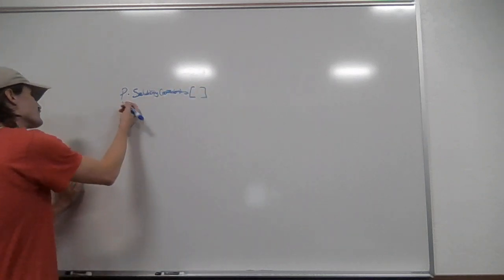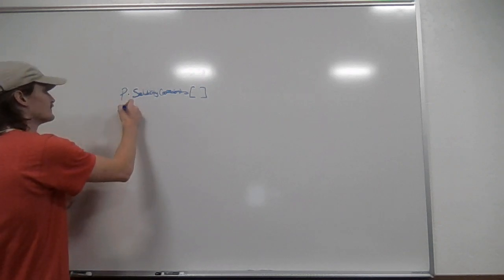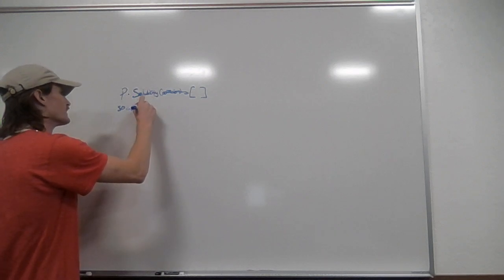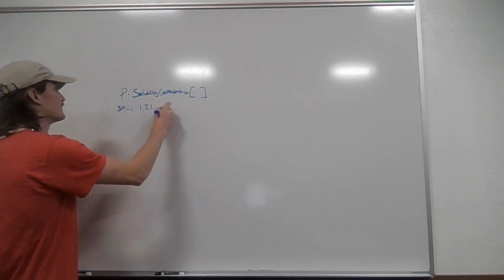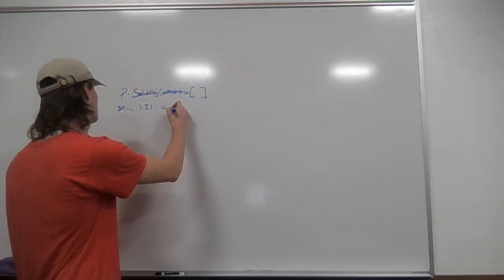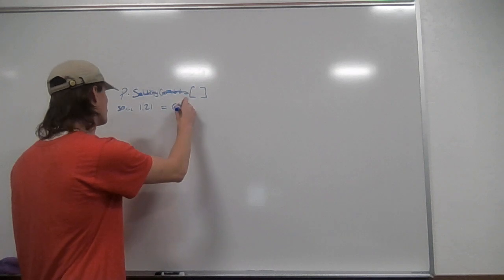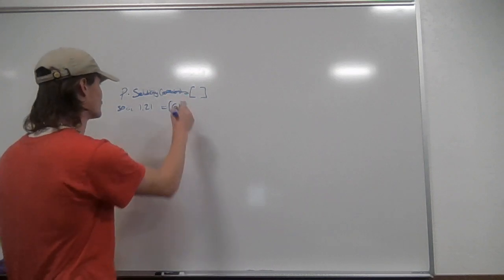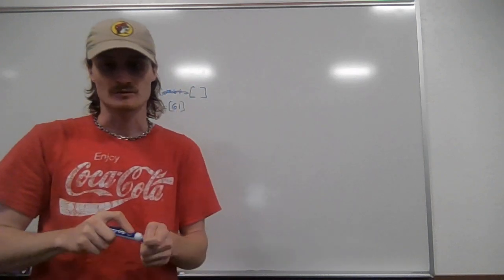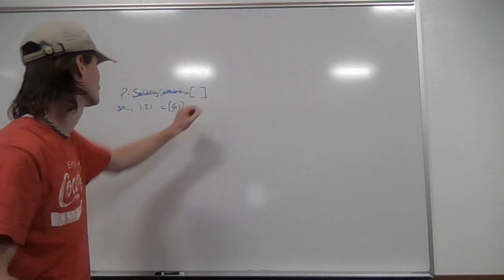So if we have a partial pressure of like 50 and we have a solubility coefficient of 1.21, then we can get a concentration of, I don't know what this is going to be off the top of my head, like 61-ish or so of a certain gas. Higher partial pressures are going to lead to more concentration.